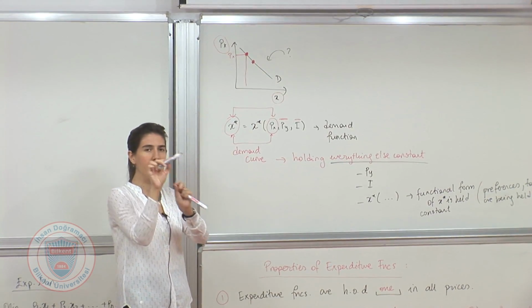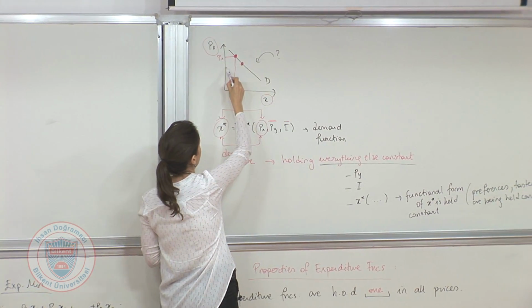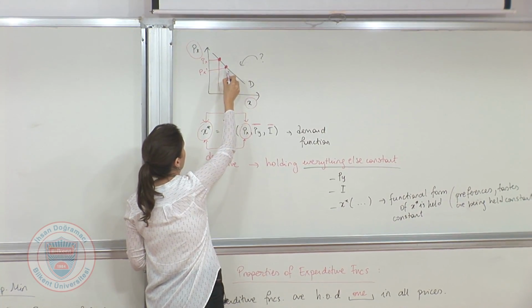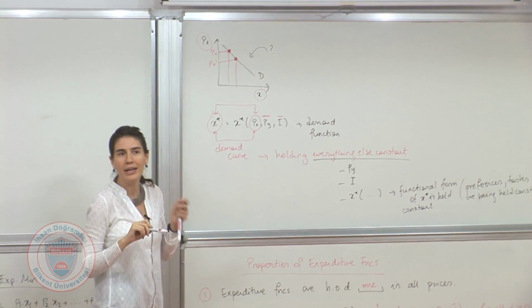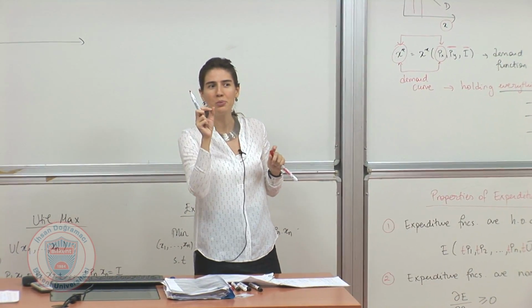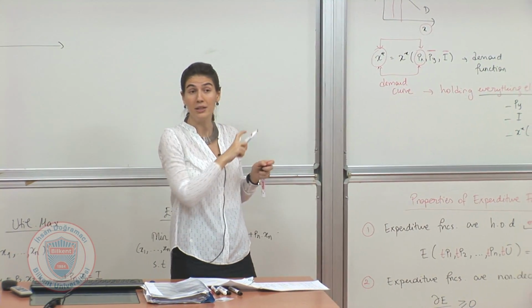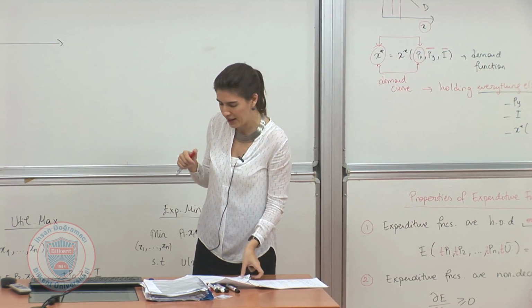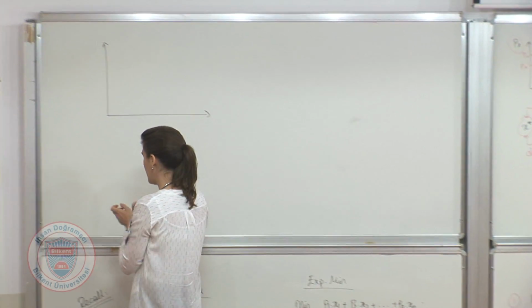I solve for my x star, I put it here. For this level of px prime, I solve my problem, I get my optimal consumption, and I put that on that demand curve, okay? Apparently, that was the case. So now let's show that.